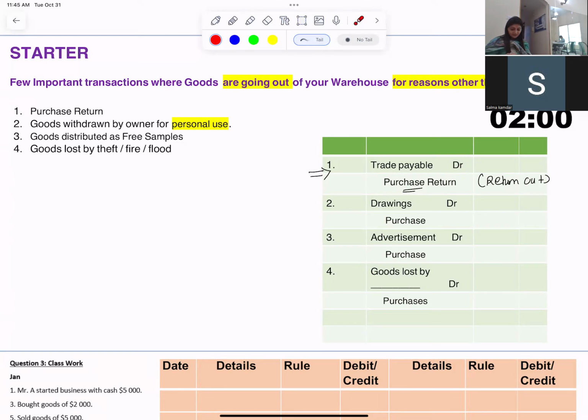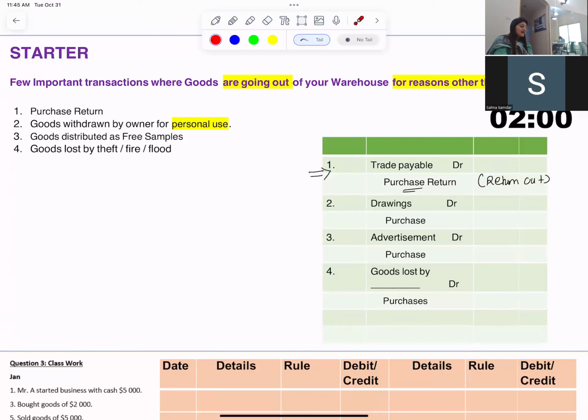Again, the journal entry. What is the journal entry for drawings? What is debited?